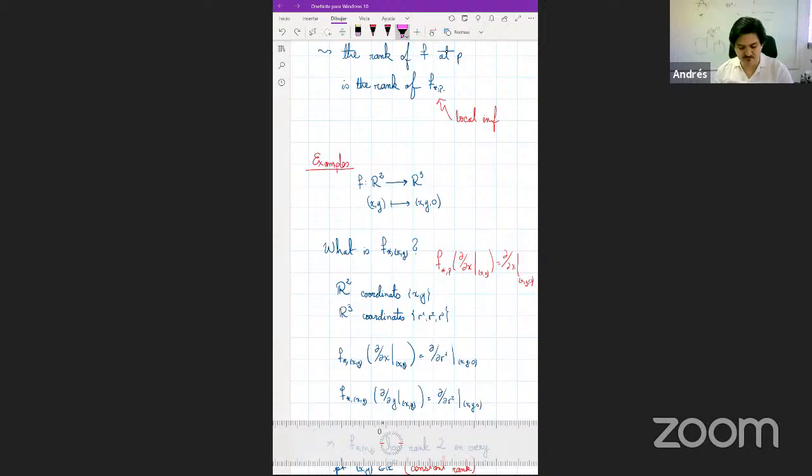But I just wanted to put more emphasis, that's why I chose different notation for the Cartesian coordinates. So that's the differential.